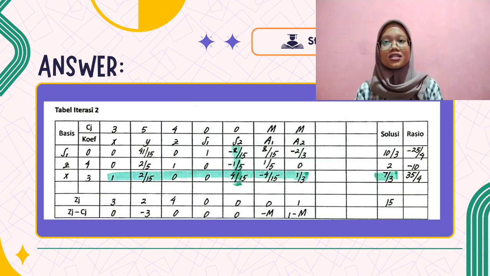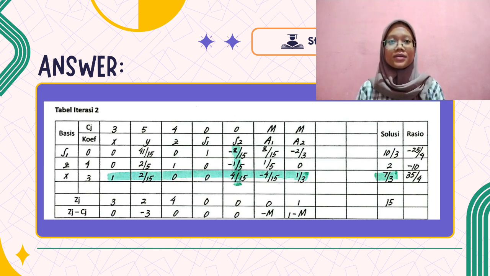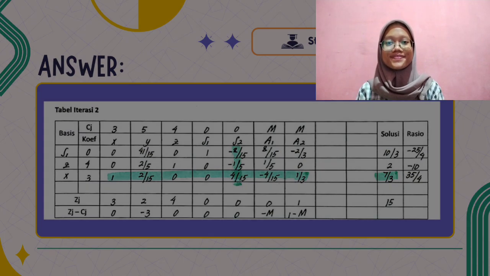But there is a non-basic variable that has a value in zj minus cj equal to 0. Thus, this minimization case has multiple solutions. So, we can continue to the next iteration.